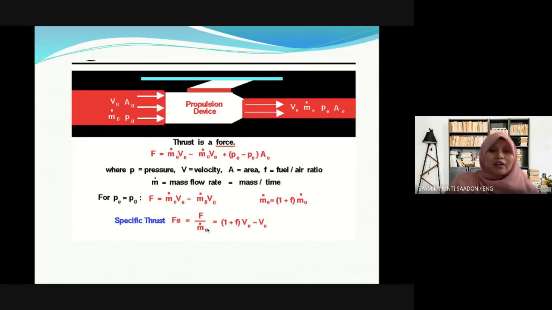It means that if we have 1 kilogram per second of air mass flow rate at the intake, how much thrust force can we produce? So that is specific thrust: 1 kilogram of air mass flow rate equals how much thrust force that we can produce.